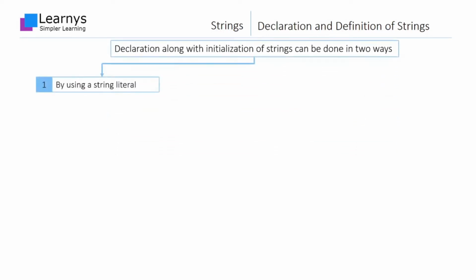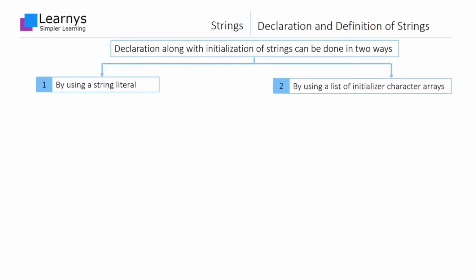While declaring, the string can be initialized either through a string literal or through a list of initializer characters. This is an example of initializing a string by making use of a string literal, and this is an example of initializing a string by making use of a character list. Let us understand the finer aspects of both of these styles one by one.